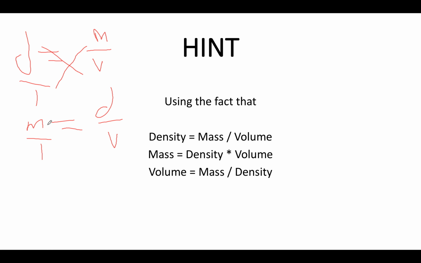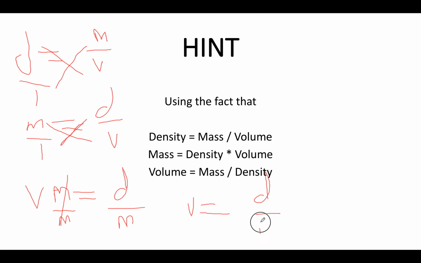You can just switch the volume and the mass aspect, two steps, it's okay. Now divide by mass on both sides, and then you cross this out, and you have volume equals mass over density.